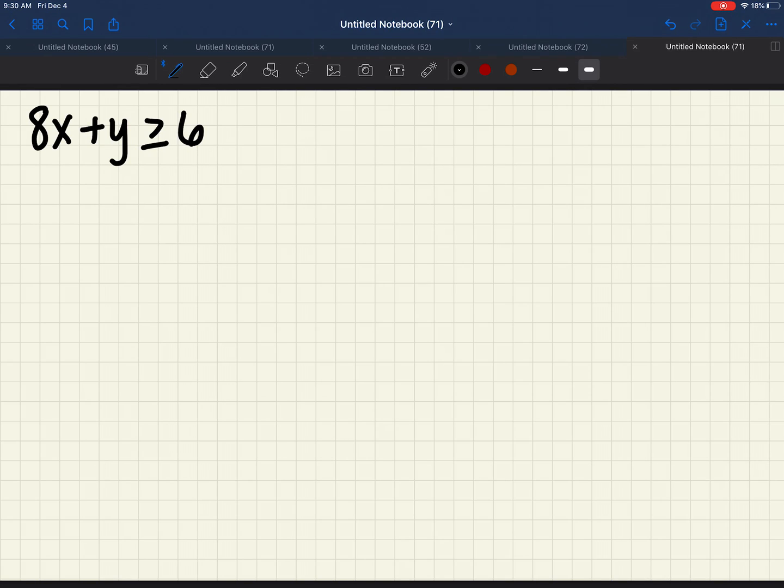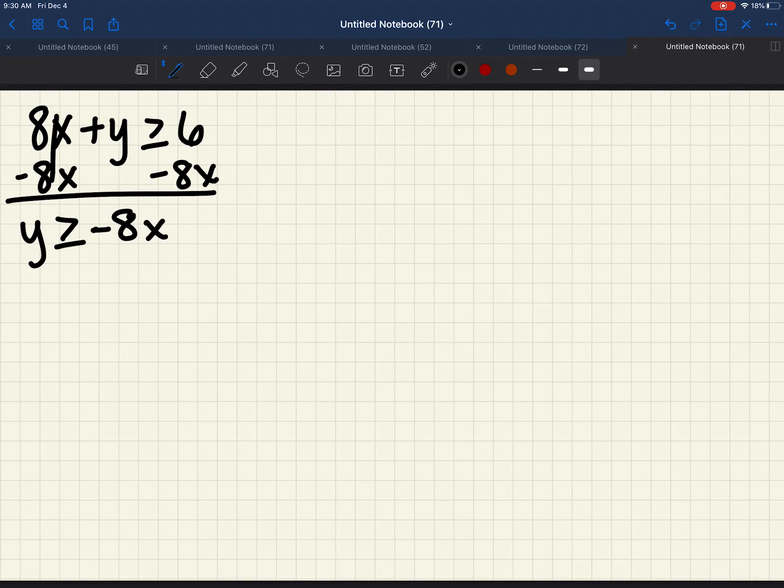Okay. Alright, Lexi, what's the first thing you should always do when you look at that inequality? See if it's in what? Okay, is it? Okay, fix that for me. Alright, if you subtract 8x, you will get y is greater than or equal to what? Negative 8x. There we go.